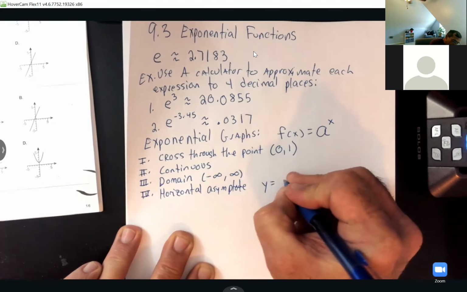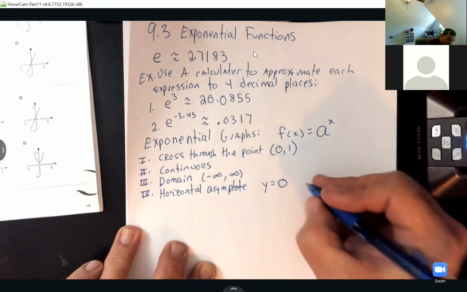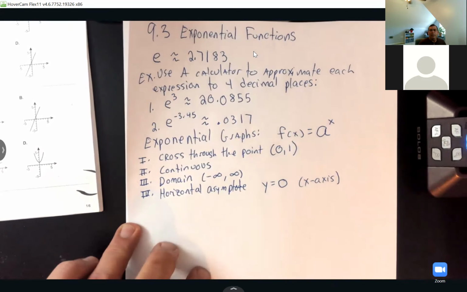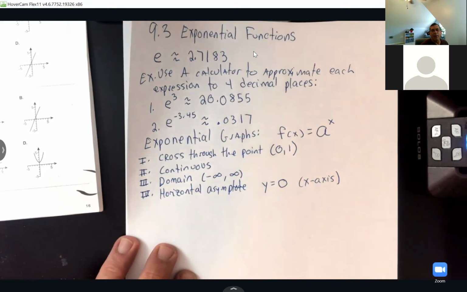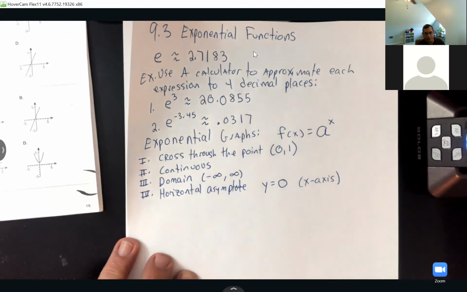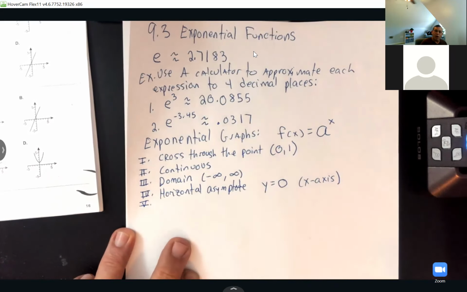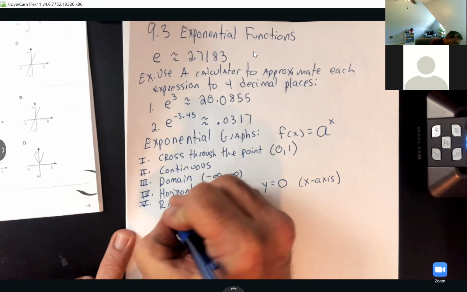Would be y equals 0, which is the x-axis. So over time, one side of these graphs usually tries to get to the x-axis, okay? Another property of these, the range.